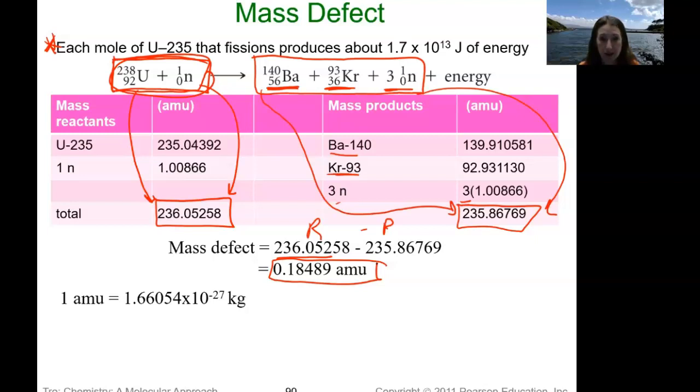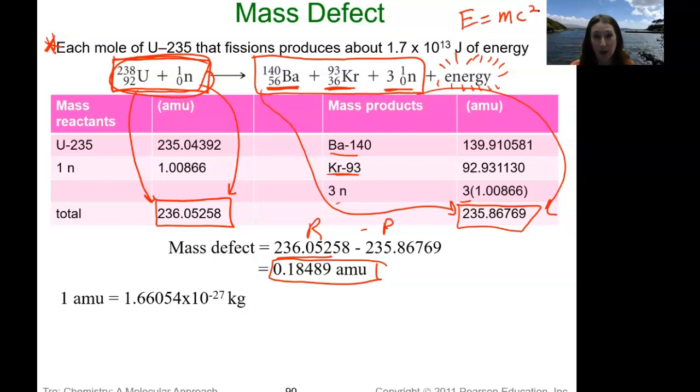This is not possible, right? But we did. Okay, this is the mass defect. The products have less mass than the reactants, and the missing mass is being converted into energy via E equals mc squared, right?